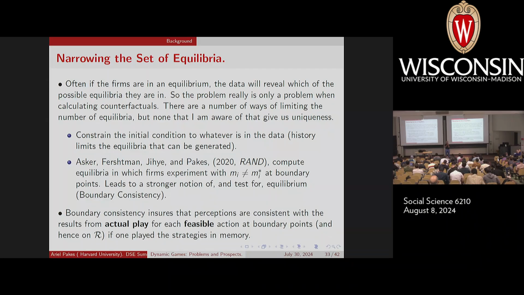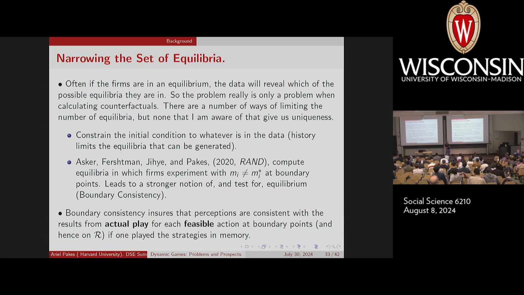I'm on a boundary point. I take an M which is not M star, and I go outside. I have a valuation there. The question is whether that valuation is less than what I get from staying in the recurrent class and doing the optimal thing. If it is less for every possible feasible state, we call it boundary consistent.